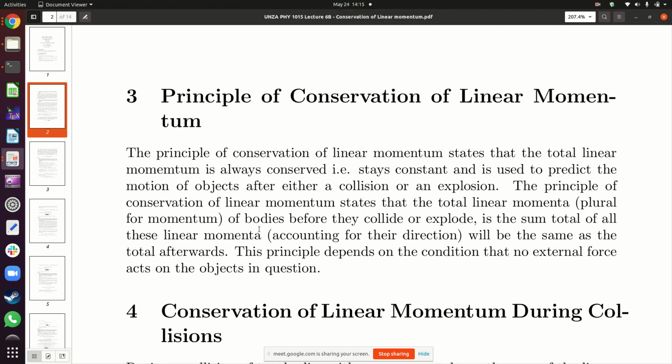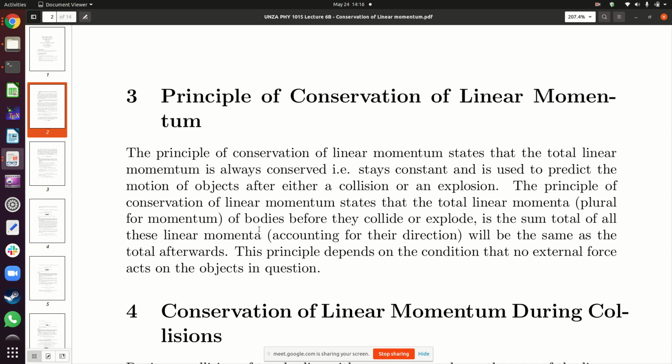So as you try to apply conservation of linear momentum, it is very important that you choose a direction. Which direction is going to be positive? If you have a certain positive direction, then the opposite of that is going to be a negative direction. You need to be aware that linear momentum is a vector.